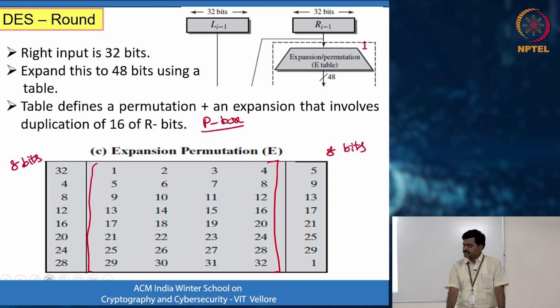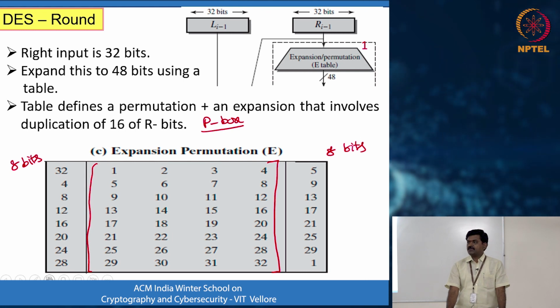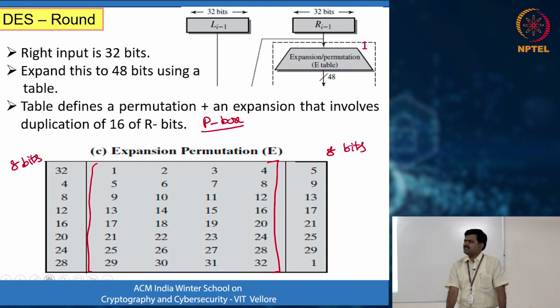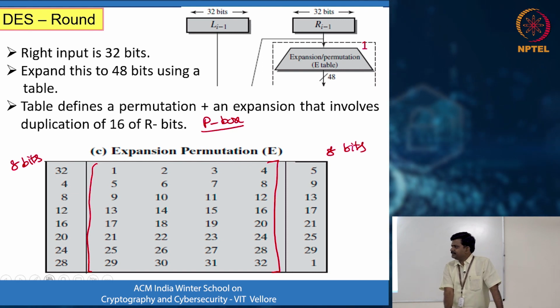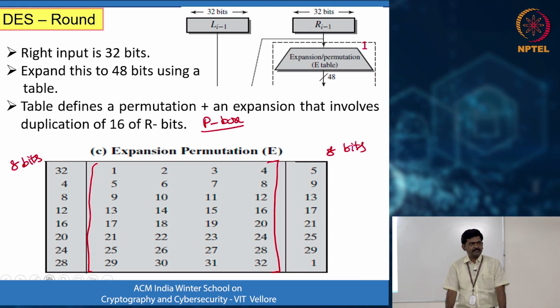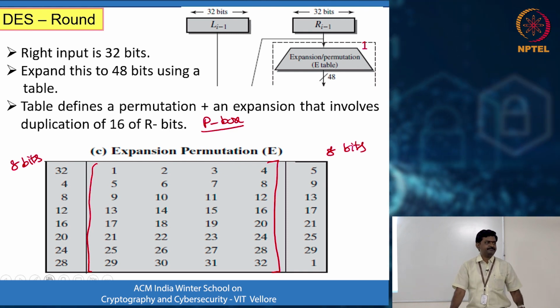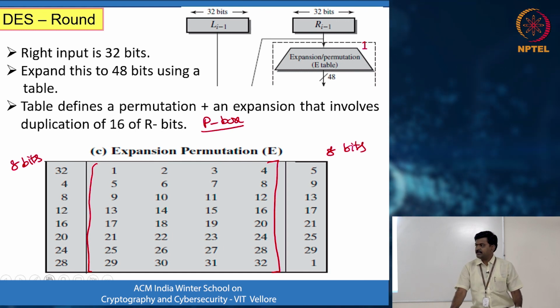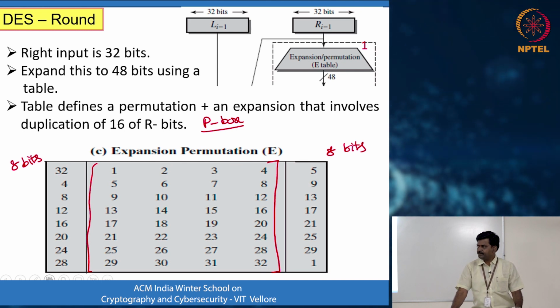And this E box or E table, which is nothing but a permutation operation, if you observe, what is your first bit? 32nd bit. What is your second bit? First bit. So, like that.